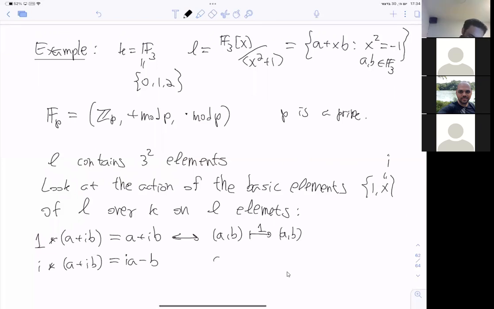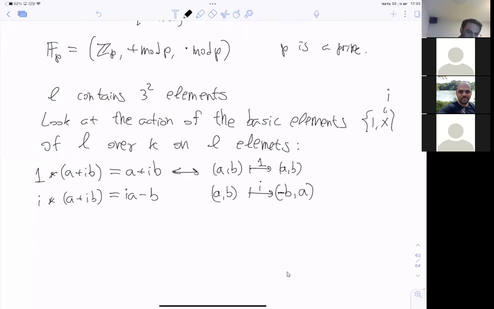But (a, b) under the action of i, if the first coordinate represents the part without x, becomes (-b, a).